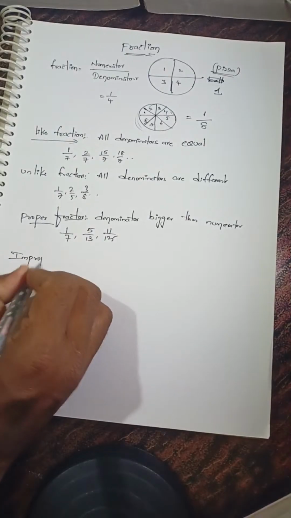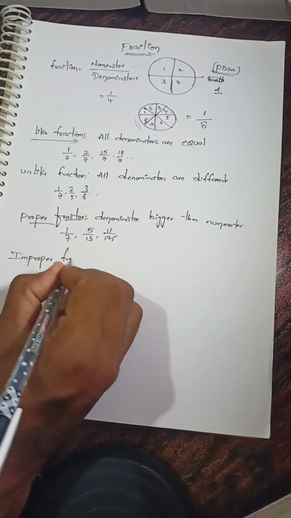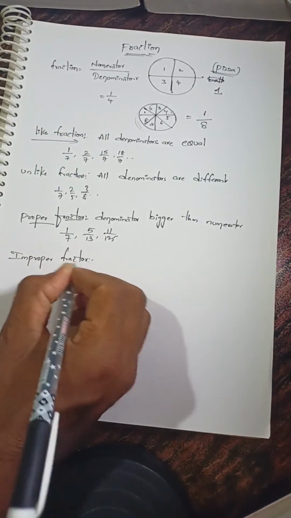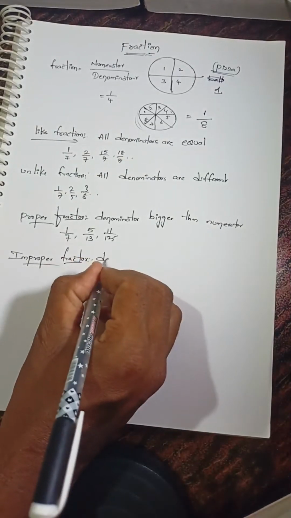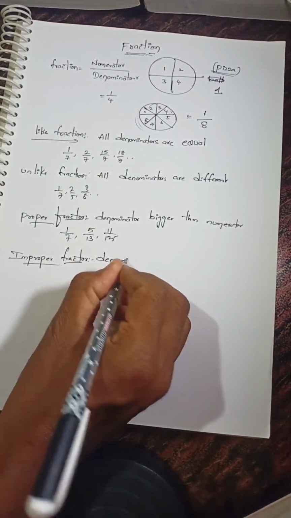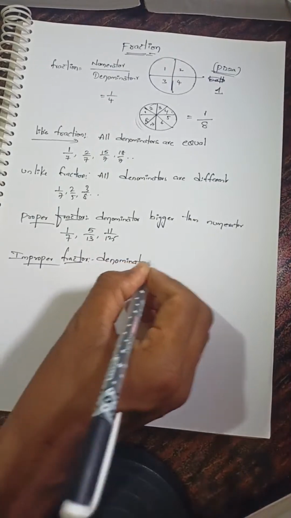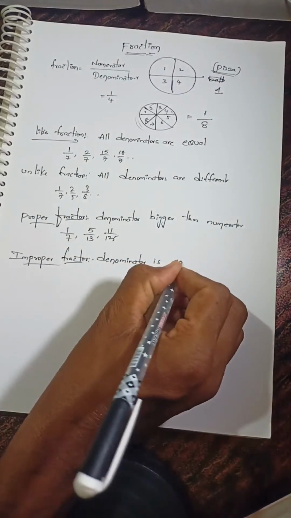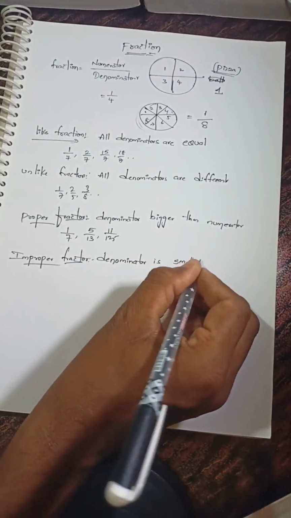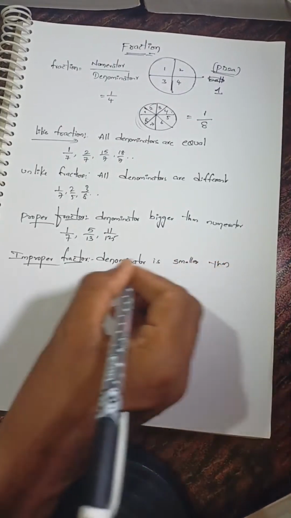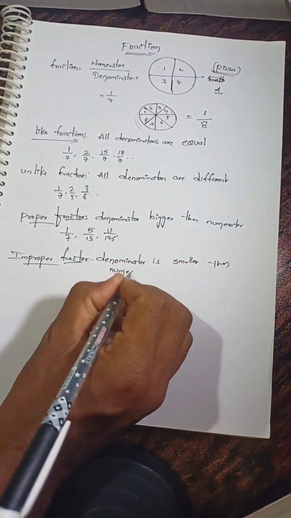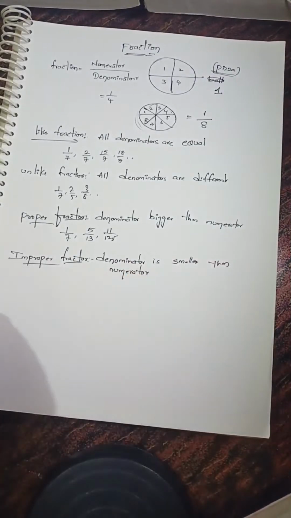Improper fraction: here the denominator is smaller than the numerator. That is called an improper fraction.